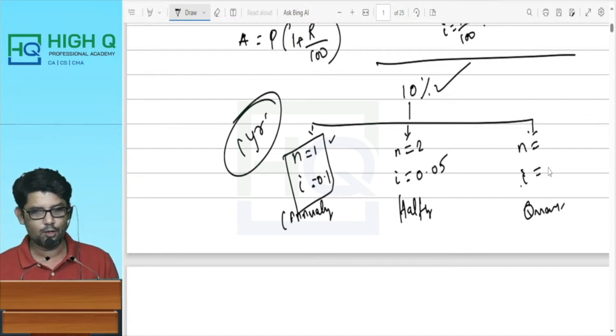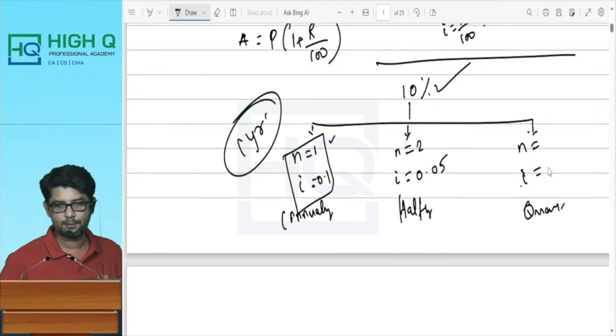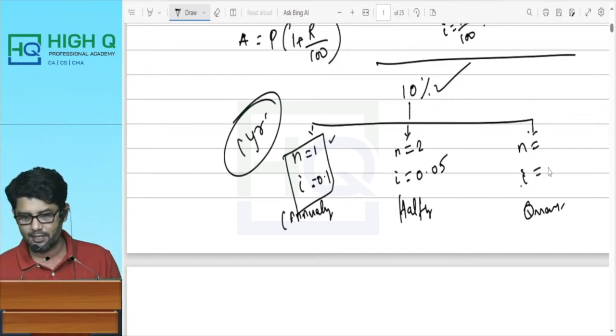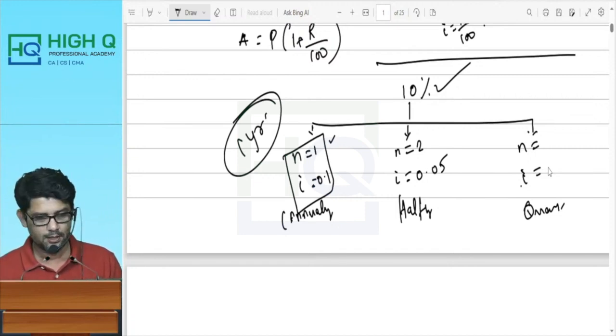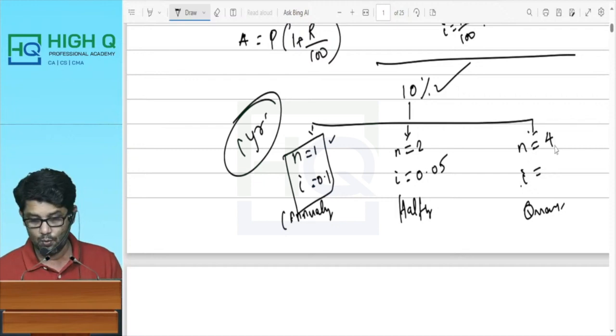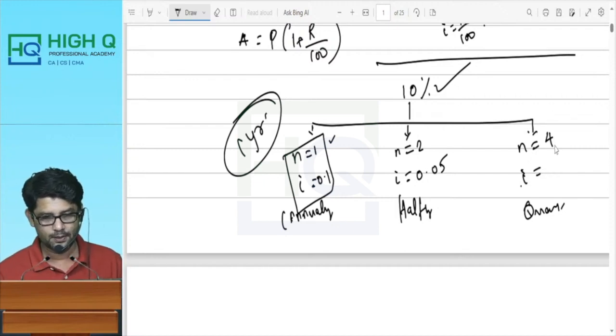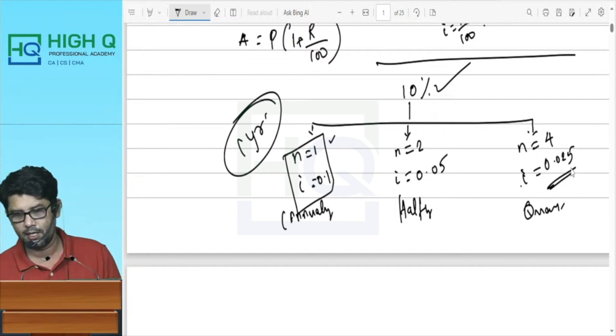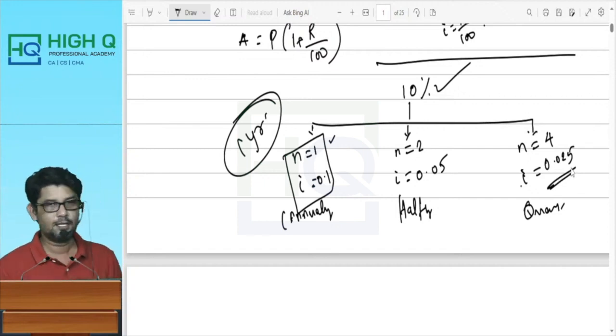Guys, please give the answer fast. n is equal to 4. And I is equal to 0.025. Very good.